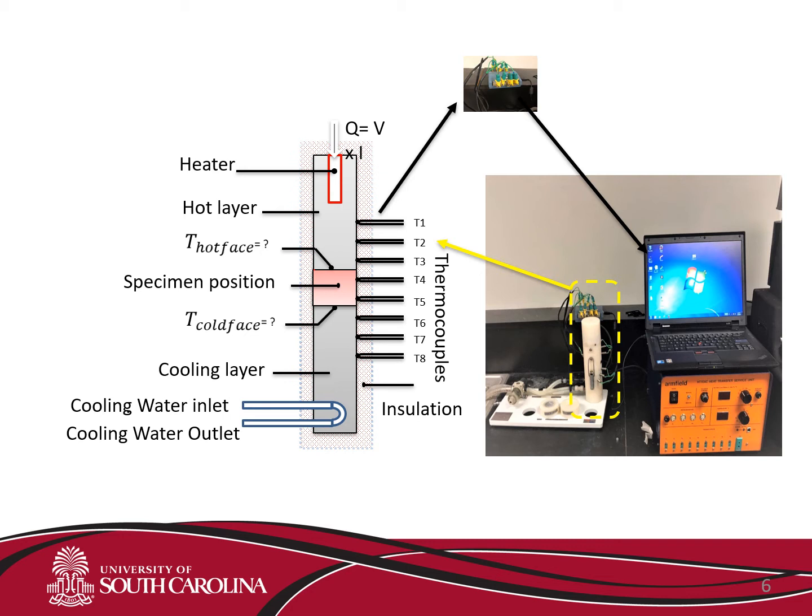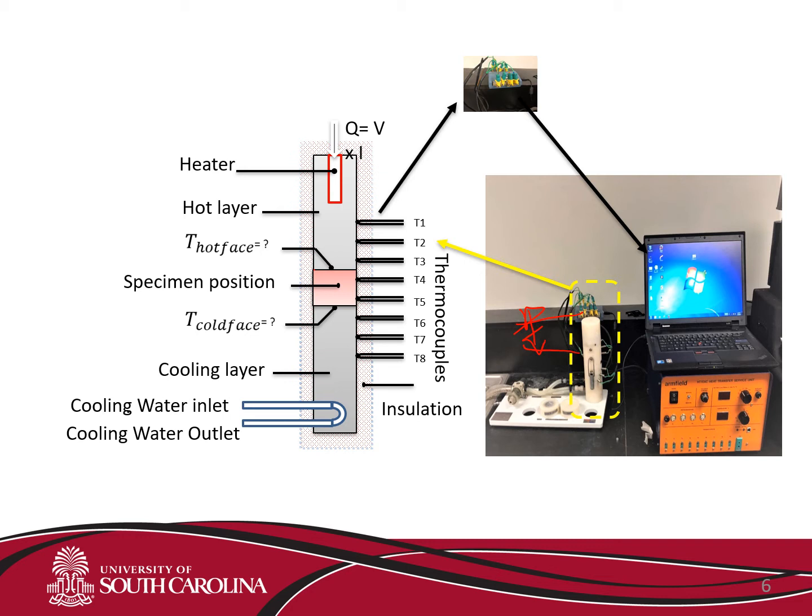Let's explain the linear conduction model. The linear conduction has three layers. The top is the hot layer. There are three thermocouples connected to the hot layer, and a heater is connected on the top.